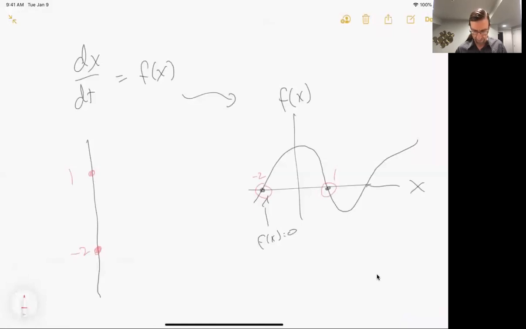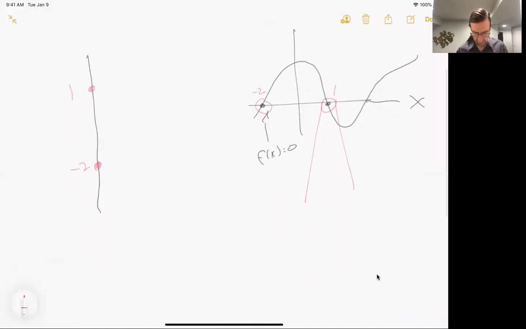So we want to think about what's happening in a neighborhood of this point. If I zoom in on this point right here, it looks like this curve going through here, if I zoom in enough, just looks like a straight line.